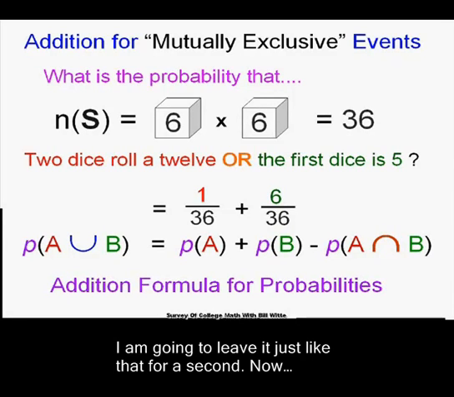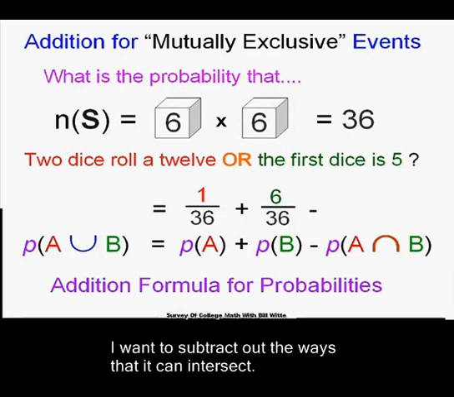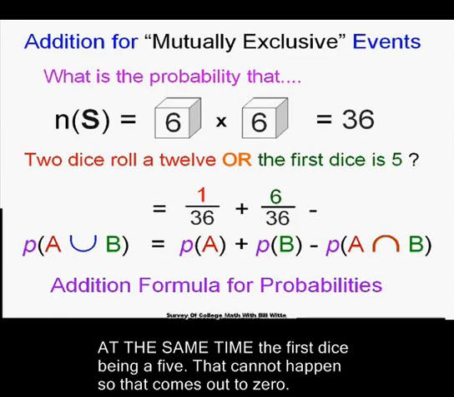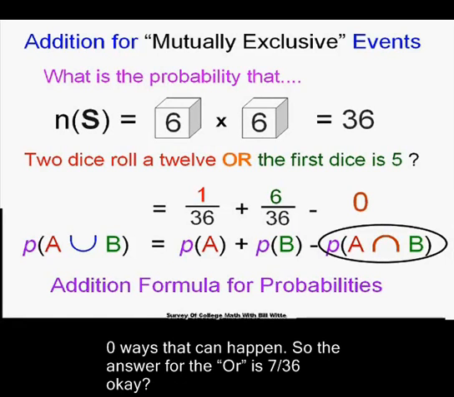I'm going to leave it just like that for a second. Now, I want to subtract out the ways that it can intersect. In other words, the probability of rolling a 12 and at the same time the first dice being a 5. That is illogical. Well, it can't happen, can it? So 0 ways can that happen.